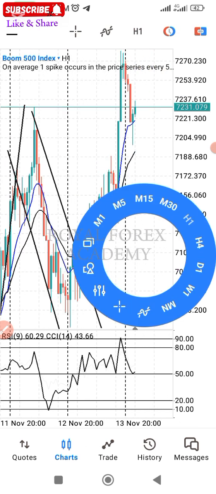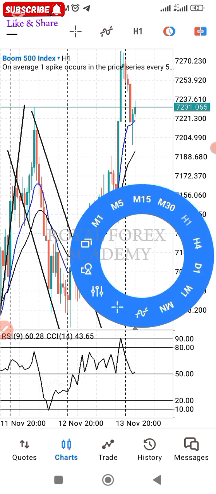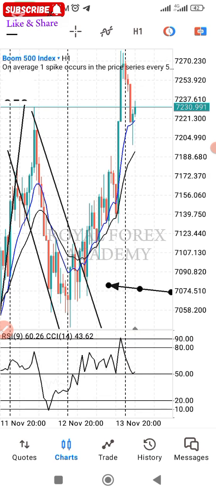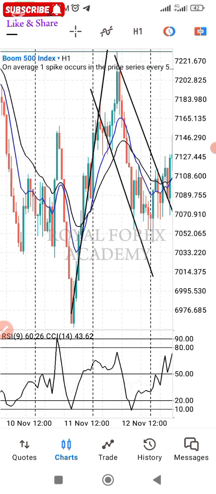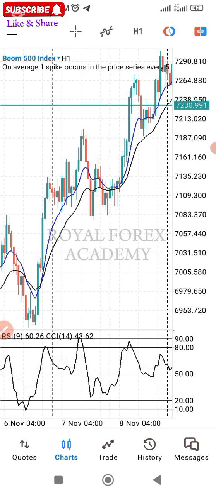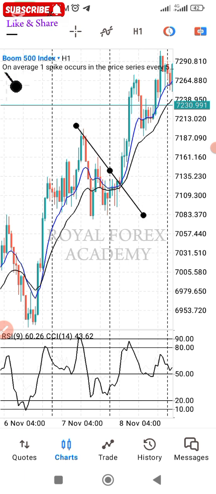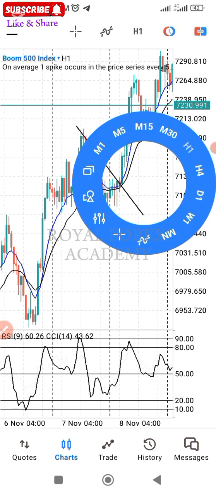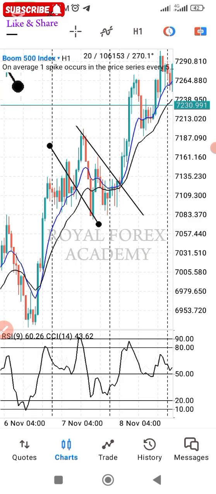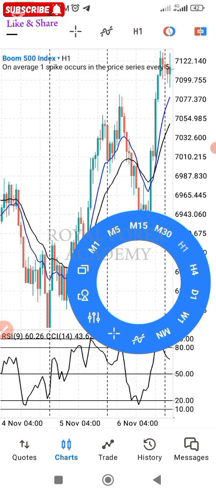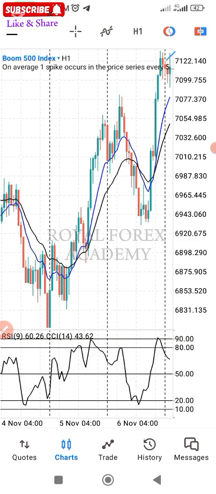Then all you need to do is wait for price to break out of that zone. You can see the price break out of it, retest, spike to the upside, and it continues. So these patterns are pretty much simple and can be traded in the direction of the trend. So these are continuation patterns, and you can see how they played out.